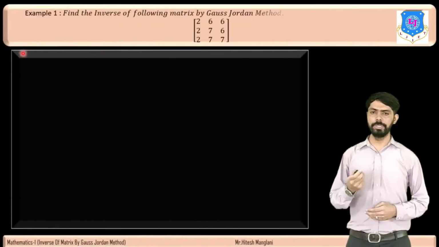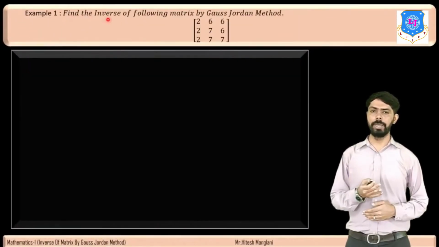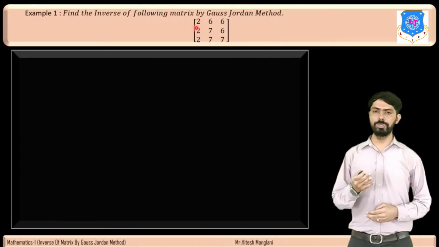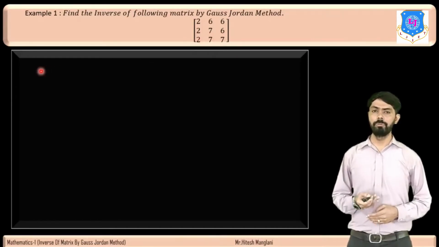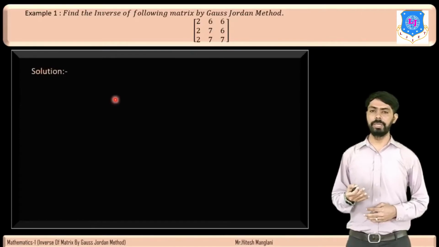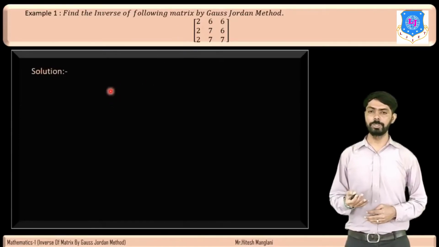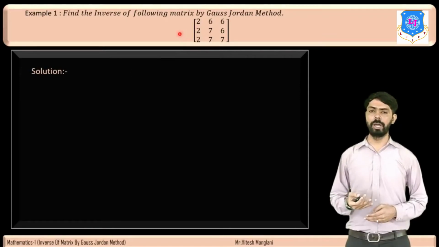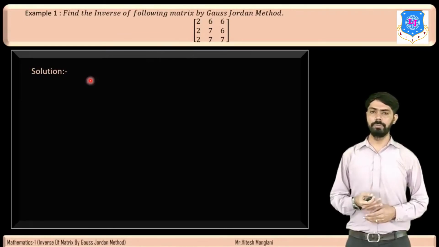The first example is: find the inverse of the following matrix by Gauss Jordan method, where the matrix is 2 6 6, 2 7 6, 2 7 7. First of all we will check whether this matrix is singular or non-singular, because to find the inverse of any matrix, that matrix should be non-singular.